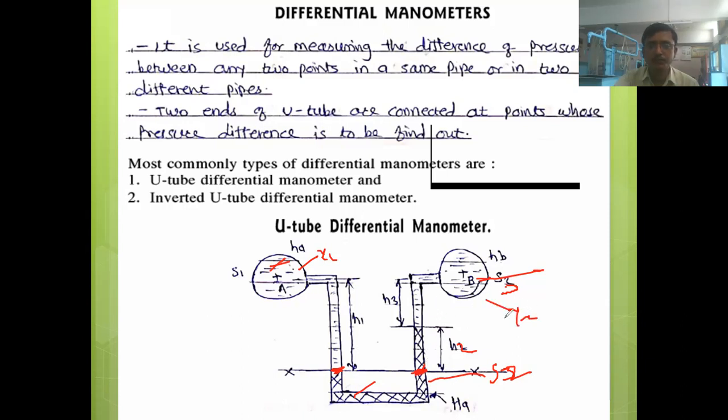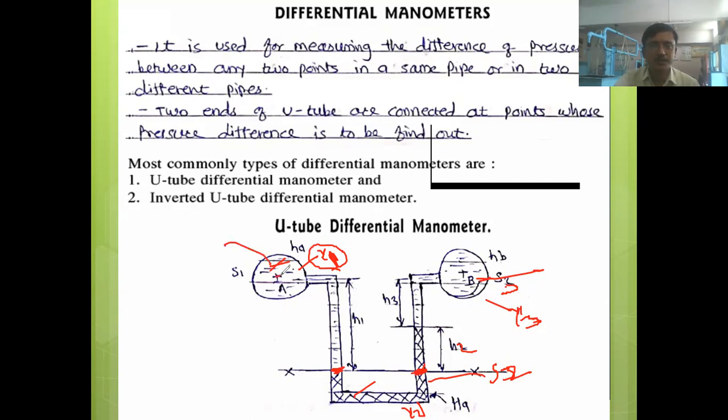Weight density gamma 1 is the weight density of liquid 1. Then gamma 2 is the weight density of the manometric fluid, and gamma 3 is the weight density of the liquid flowing through pipe B. And we have equated those two intensities.